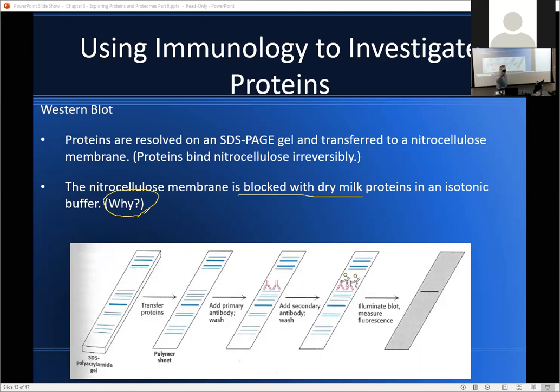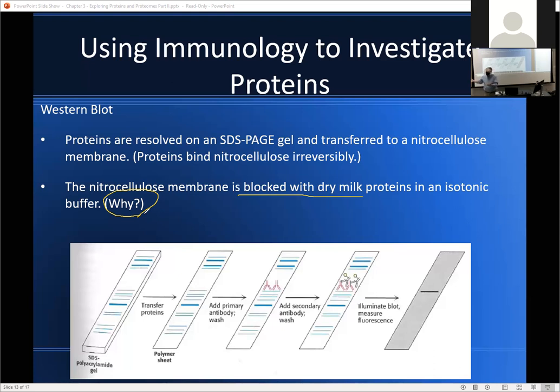Okay, dry milk is cheap. You can get it anywhere. You can get it at Kroger, and it works very well in this application. So you take an isotonic buffer like PBS or TBS, you just add like 1% or 2% dry milk, incubate your nitrocellulose membrane, and the milk proteins are going to bind to and occupy the protein binding sites on the nitrocellulose.